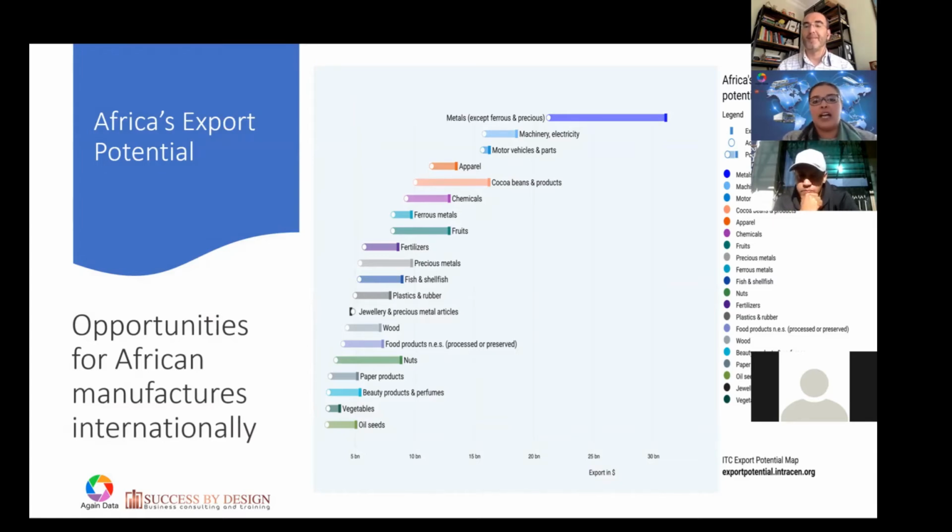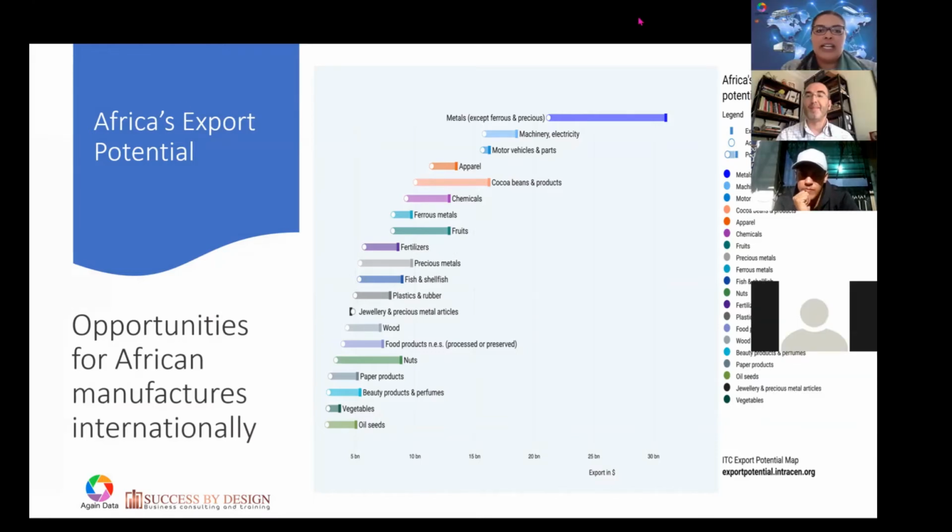What I'm going to talk to now is this specific chart that you see on the screen. What you're looking at is a chart that demonstrates our potential to export as an African country. Currently as a market, we export X amount of cocoa beans and cocoa bean related products, as an example.